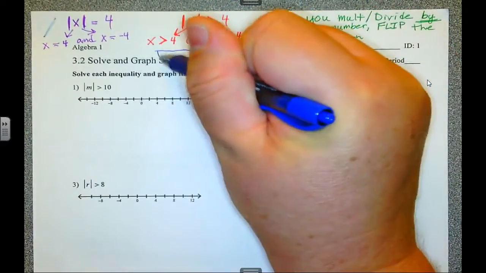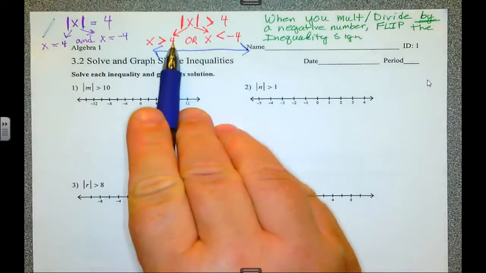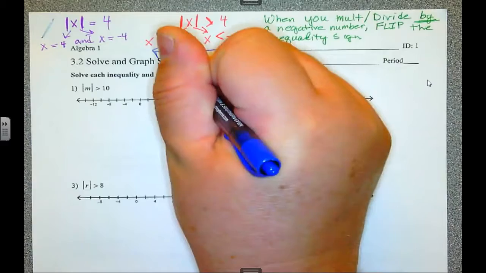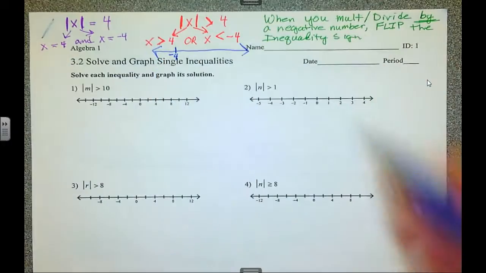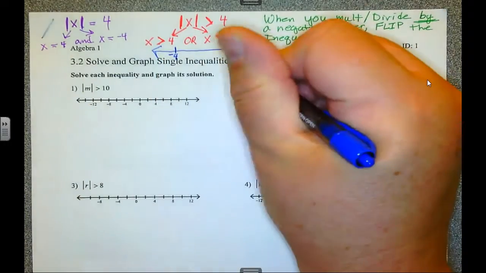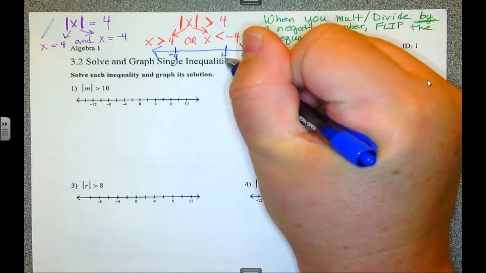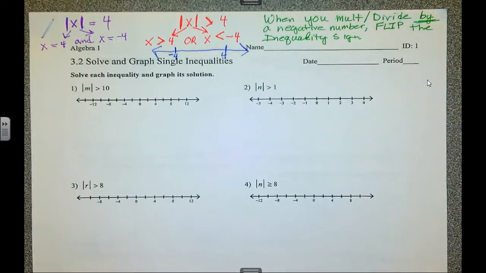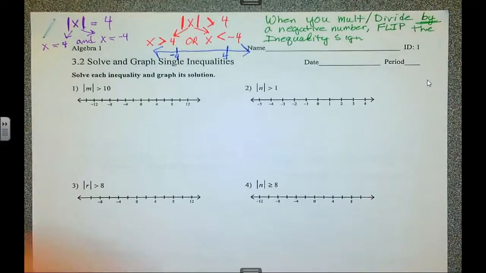The only thing I really have to have are my 2 points, 4 and -4. Negatives are on the left-hand side. Okay. Positives are on the right-hand side. So -4 is smaller than 4. Is it a closed circle? Open circle.